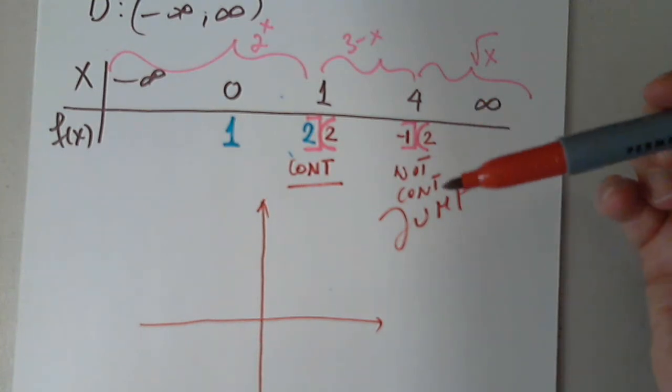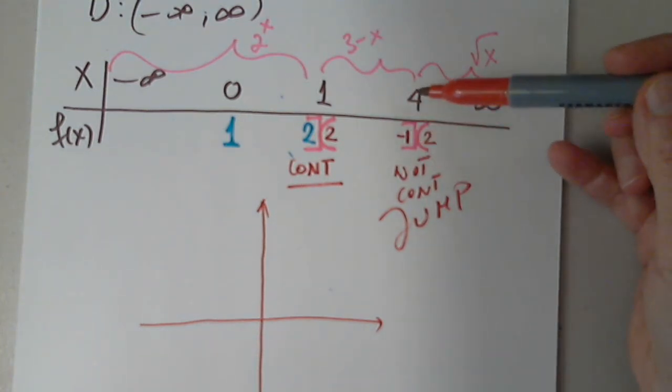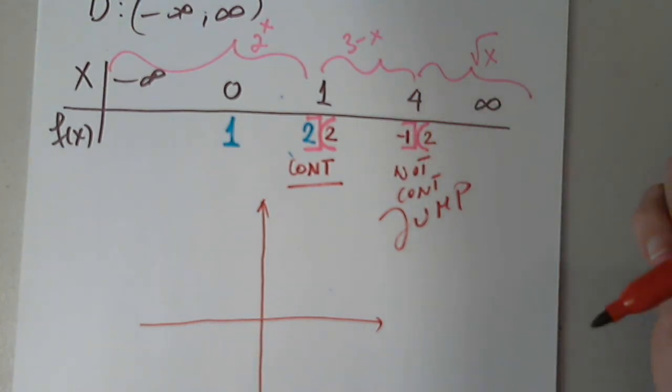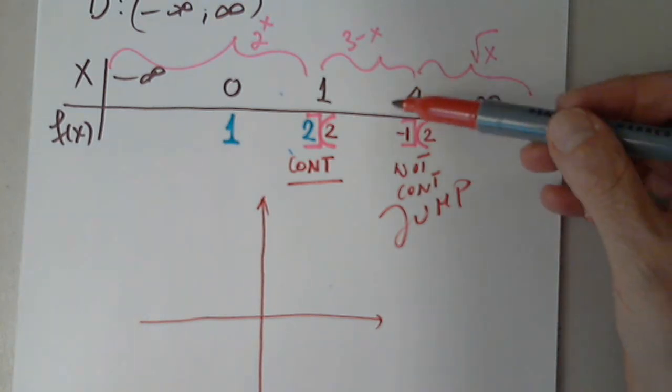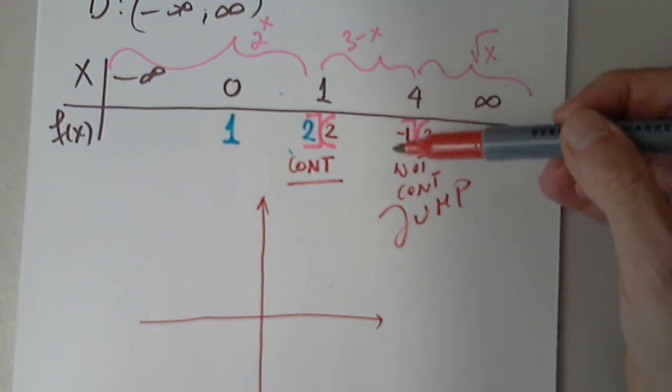Will the function be continuous from the left or from the right of 4, or none of the above? Say that again, ask that question again. Will the function be continuous from either side of 4?